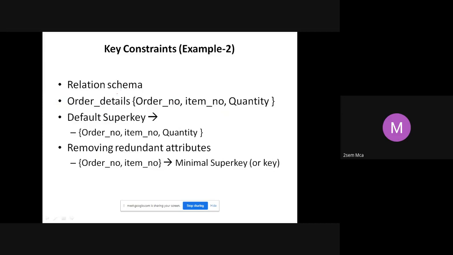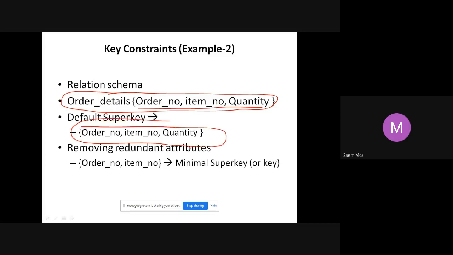Look at this example. We have order details as a table. Name of the table is what? Order details. What are the attributes? Order number, item number, quantity. These are the attributes of the order details table. What is default super key? I said take everything. The set of all the attributes, you call it a default super key.